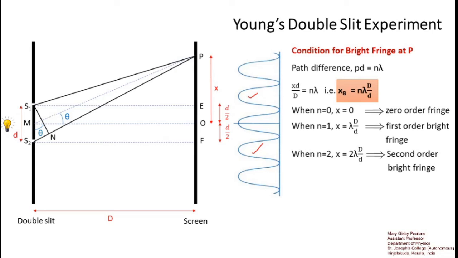Now when n is equal to 2, we get x is equal to 2 lambda capital D divided by small d. This is the second order fringe, and the second order fringe is obtained as these two fringes.